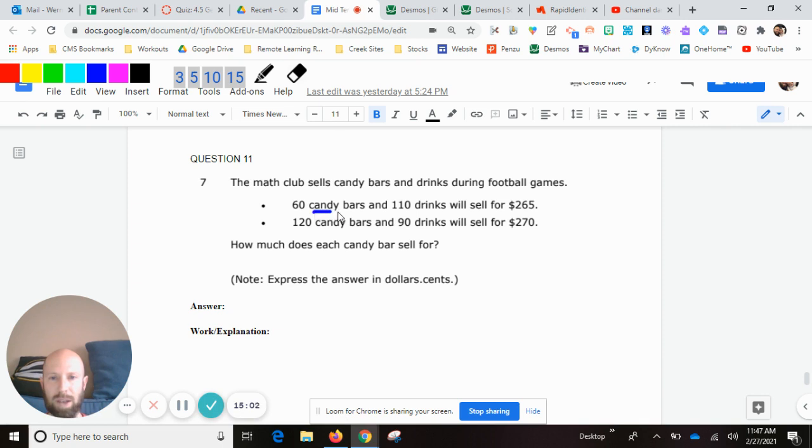So we're just trying to find the candy bars. We're going to label these candy bars as X. We're going to label the drinks as Y, and we need to come up with two equations. So our first equation is going to be 60X, 60 candy bars, and means plus 110 drinks, so 110Y. And that is going to equal $265.